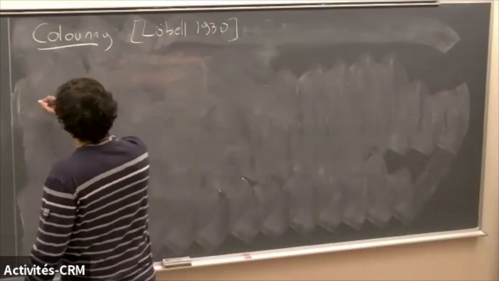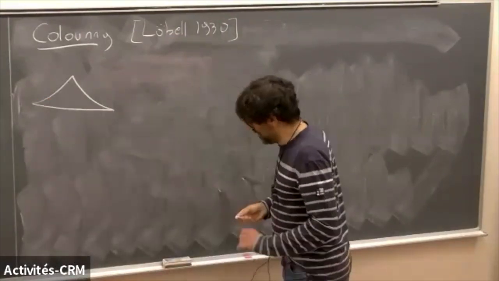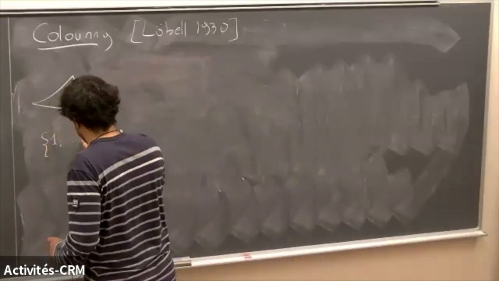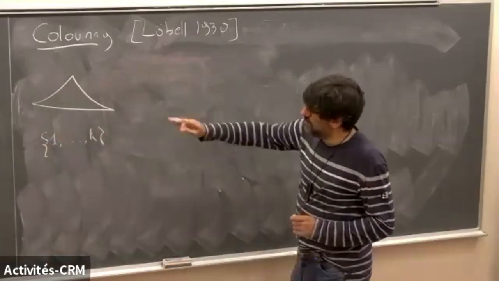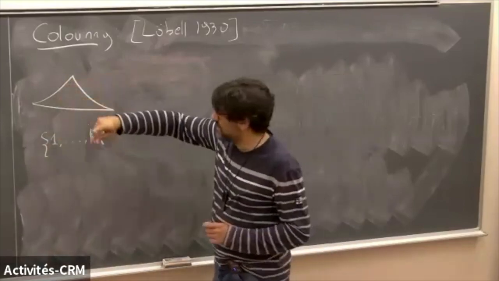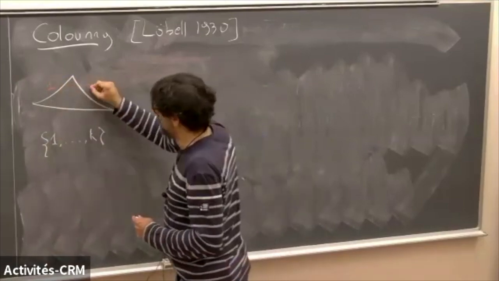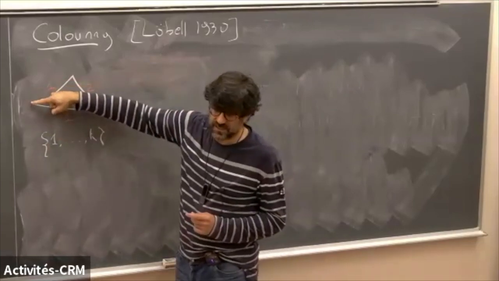you start with your right-angled polytope, and then you pick a palette of colors, like numbers 1, 2, and so on, and then you color the faces with numbers in such a way that adjacent faces get distinct numbers. Okay, so these two are not adjacent because this vertex does not exist.